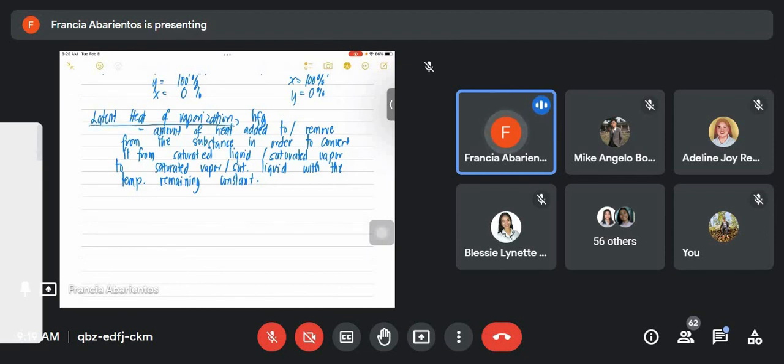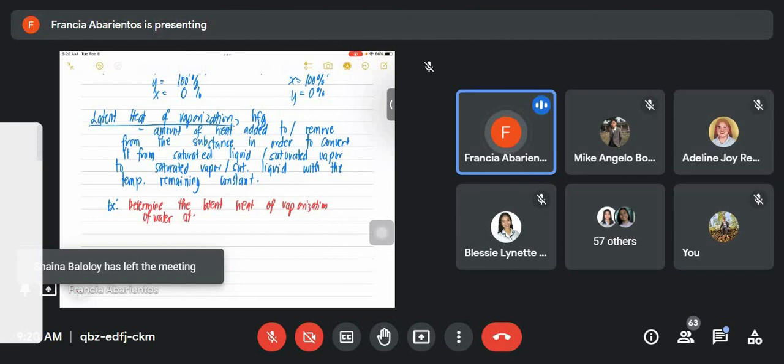For example, go to our steam table. Determine the latent heat of vaporization of water at, for example, 300 degrees Celsius.